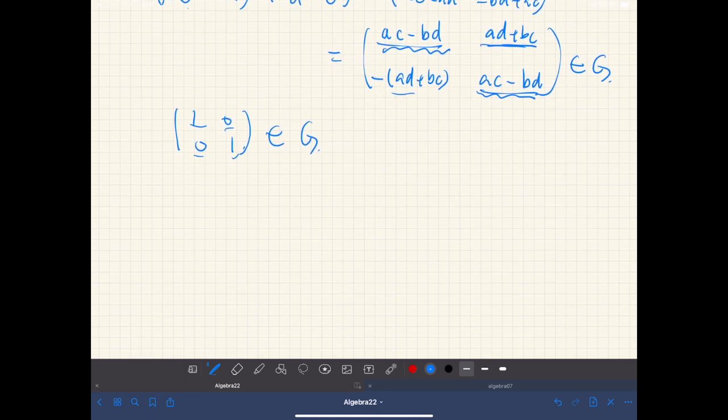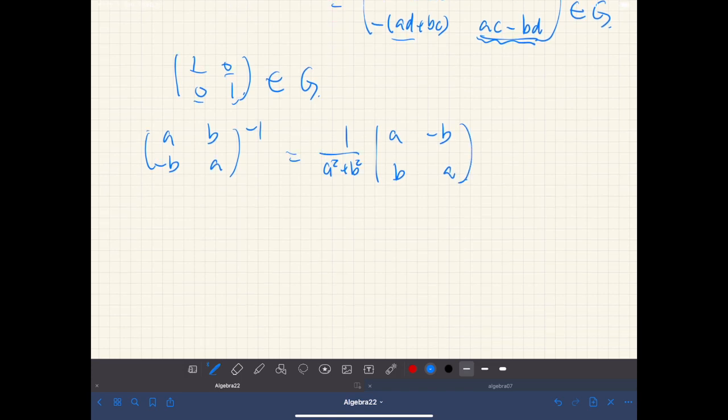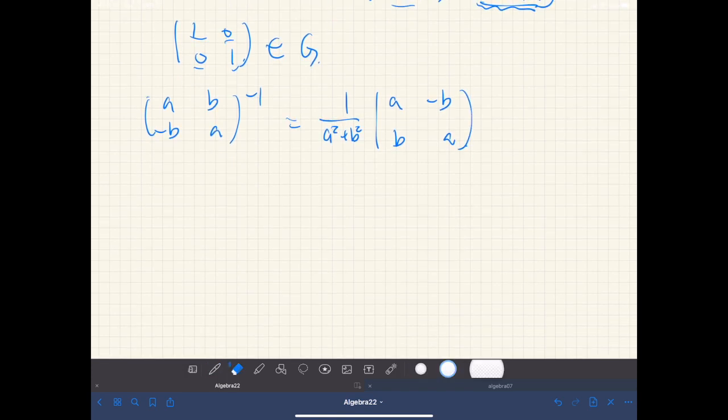And also the inverse element: if we have A, B, minus B, A, its inverse is given by 1 over A squared plus B squared times, what is it? A, minus B, B, A, right? To see this, just multiply this with the original matrix.